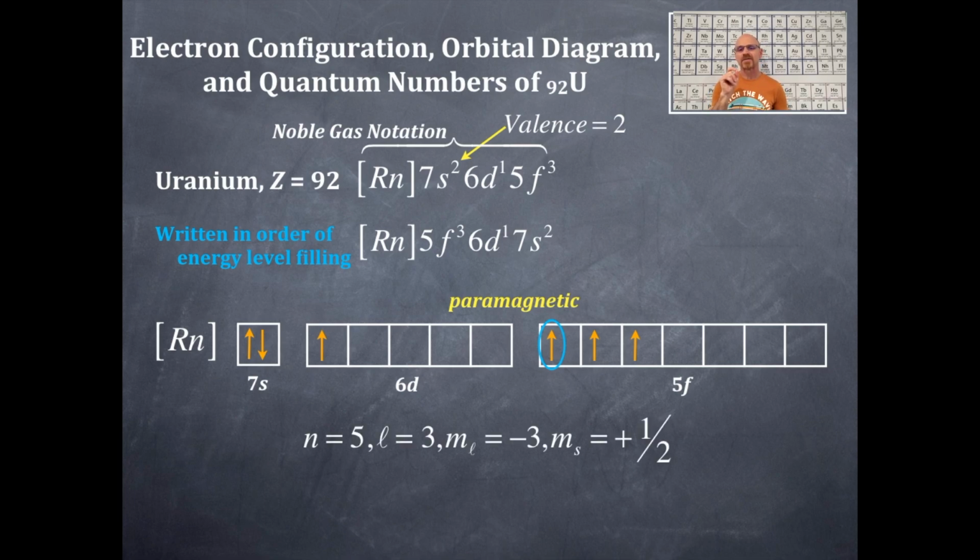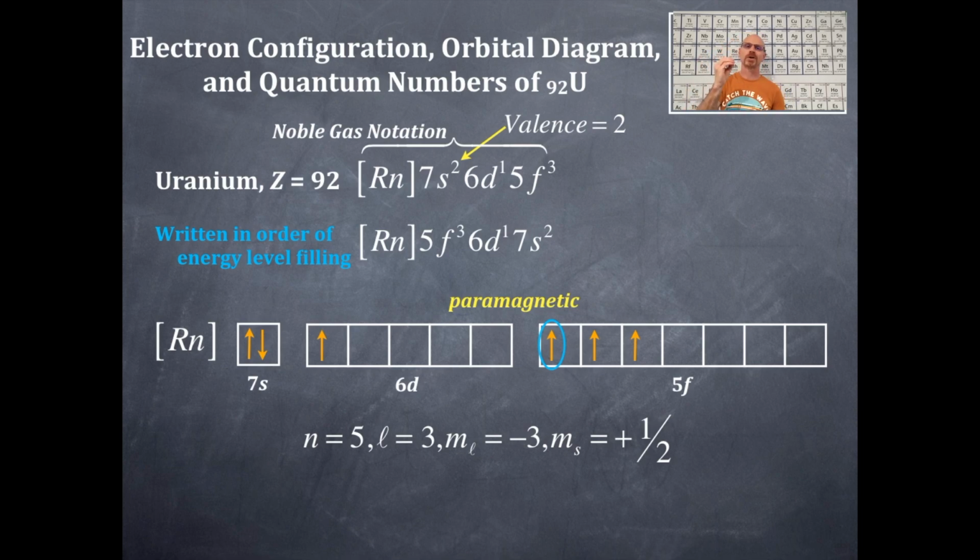So, these are the 4 quantum numbers. It's in the 5f orbital set, so therefore the n is 5, because it's 5f. Since it's an f-type orbital, that is an l of 3, because s is 0, p is 1, d is 2, f is 3.